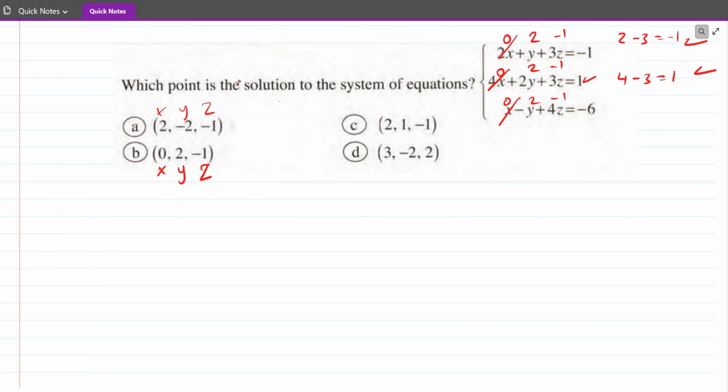This one fully cancels. Negative 2 minus 4 times negative 4 equals negative 4. Is that equal to negative 6? Again, yes. So only choice B satisfies all three. That's why B is going to be the answer. If you check A, C, and D, they don't satisfy all three equations, because the point must satisfy all three, not only one or two.